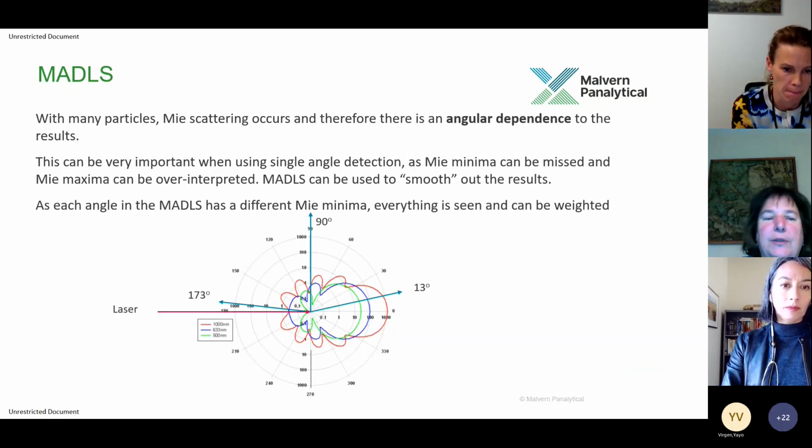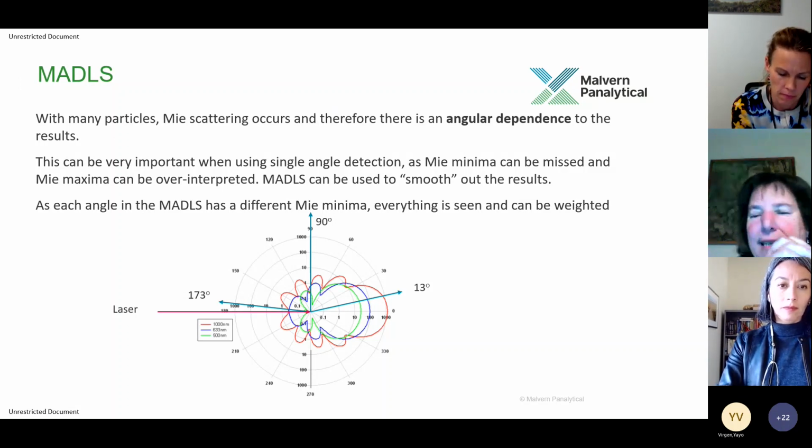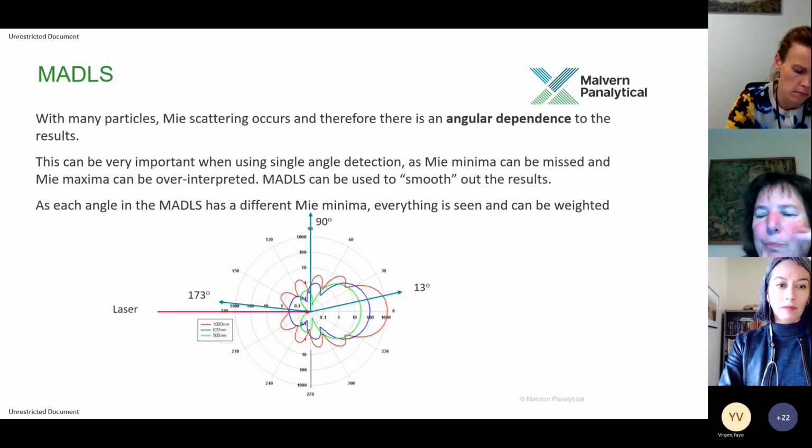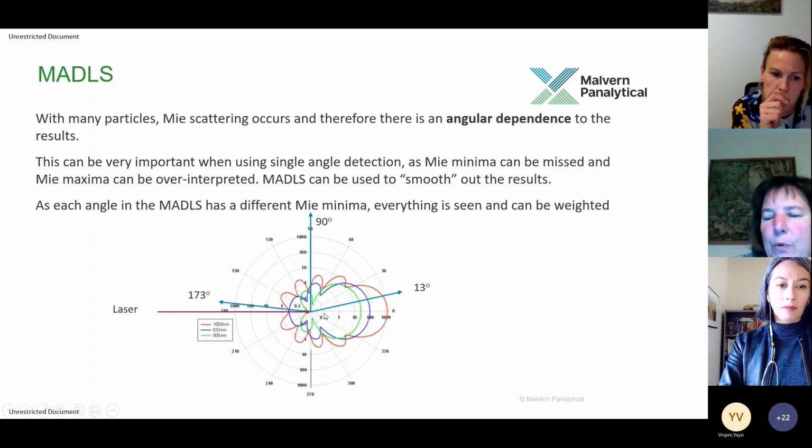When it comes to MADLS, the multi-angle dynamic light scattering, the key to keep in mind is that there's an angular dependence to light scattering data. Larger particles scatter more in the forward angle. Smaller particles scatter more isotropically, or equally at all angles.